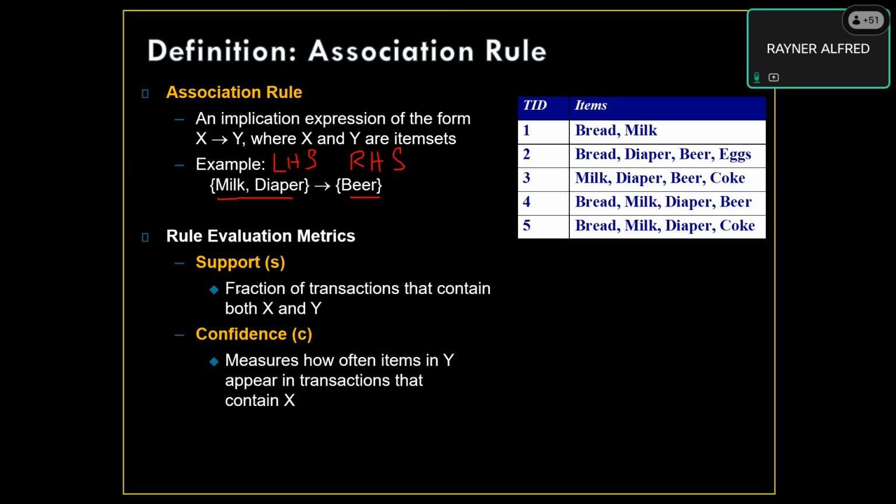We looked at the fraction just now, which is the support. The support is the fraction of transactions that contain both X and Y. If we take this one, the support for this is 2 over 5. And the confidence measures how often items in Y appear in transactions that contain X.